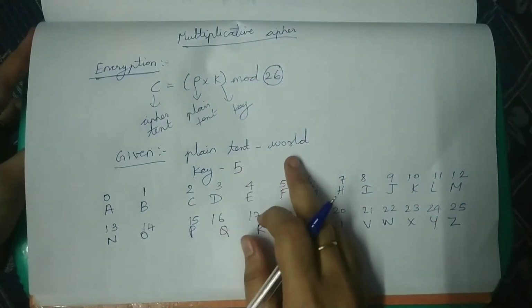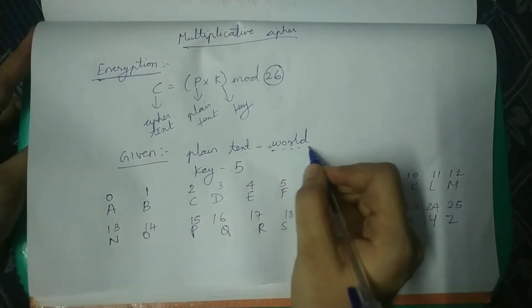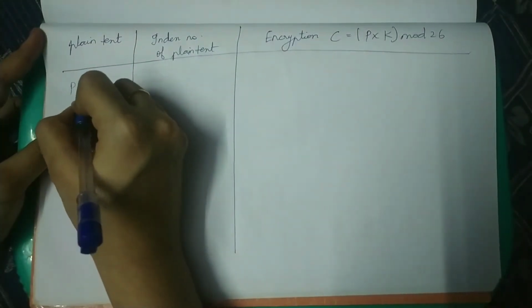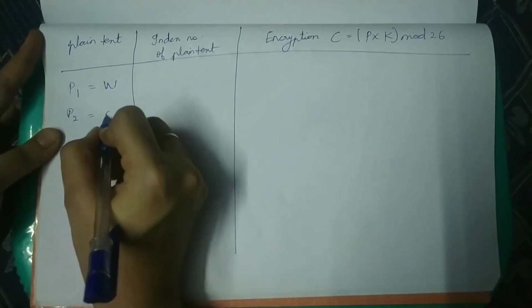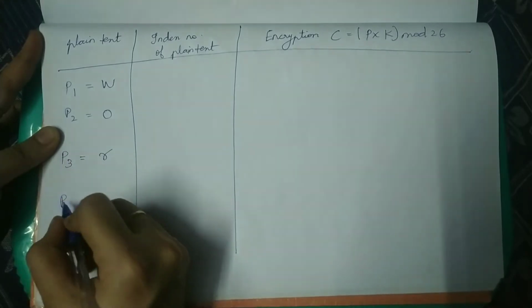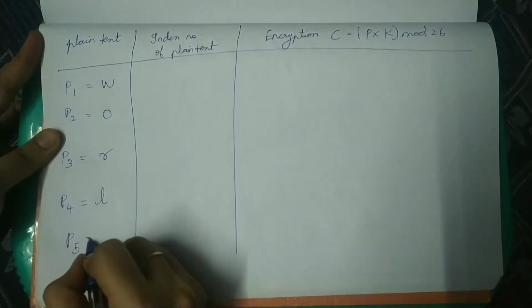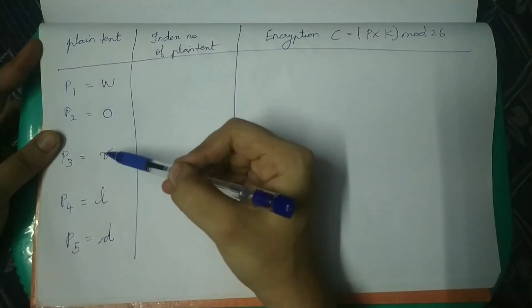In the question, the plain text was given as world. So each alphabet we are going to split and write it. P1 is equal to W, P2 is equal to O, P3 is equal to R, P4 is equal to L, and P5 is equal to D. That is world.